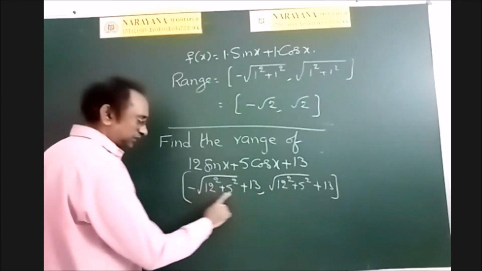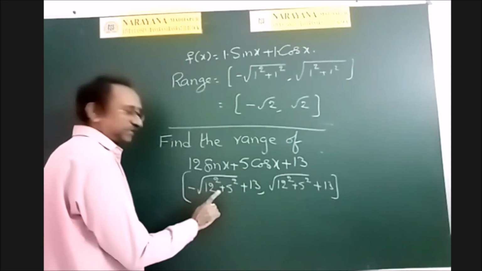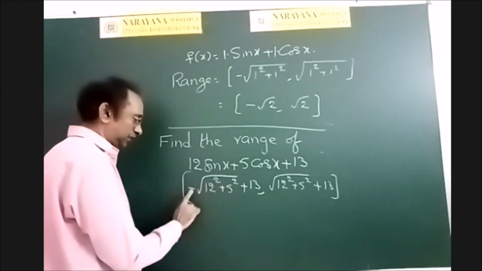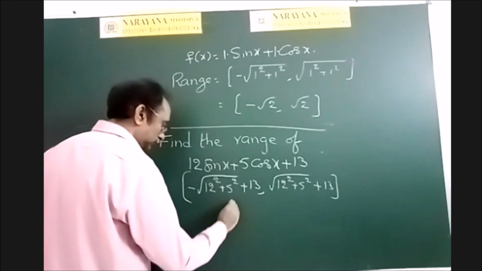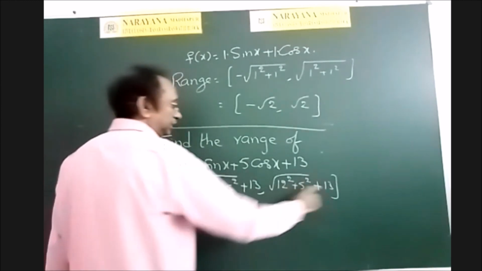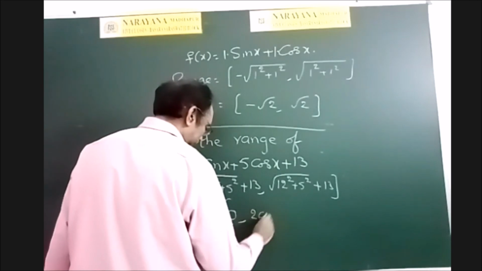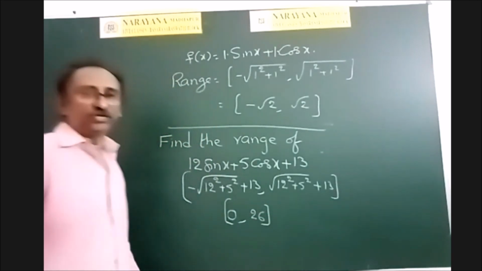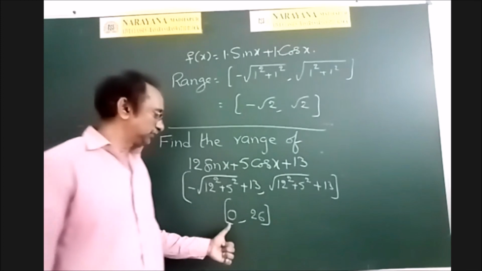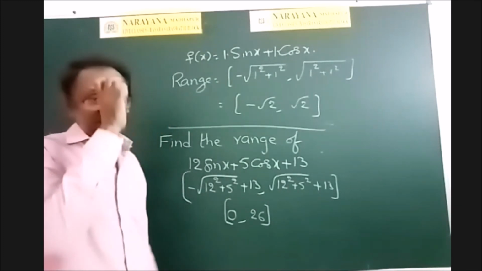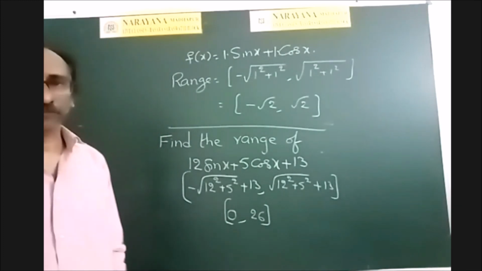So this is nothing but root 169, that is root 169 means 13. Minus 13 plus 13 is 0, and 13 plus 13 is 26. So 0 comma 26. So minimum is 0 and maximum is 26. Okay.